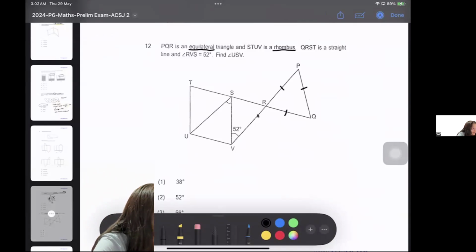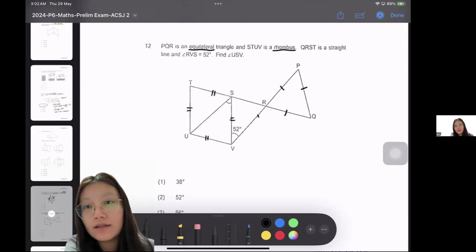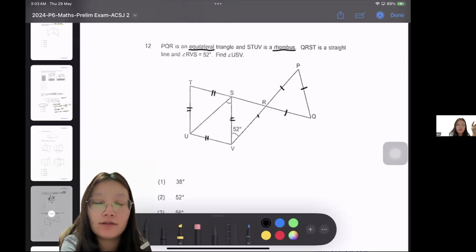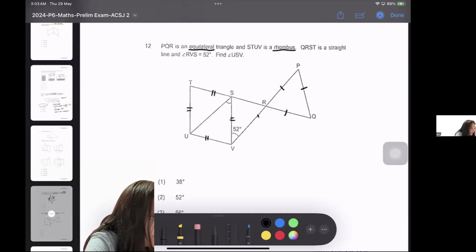You also need to label that it is all the same length. So you need to label all the sides that are the same. The rhombus, all sides are the same. The equilateral triangle, all sides are the same. Remember, if they're not the same, if they never say both the triangle and the rhombus are the same length, you have to use one line for the triangle and 2 lines for the rhombus. So you can't just use one line for all, basically.